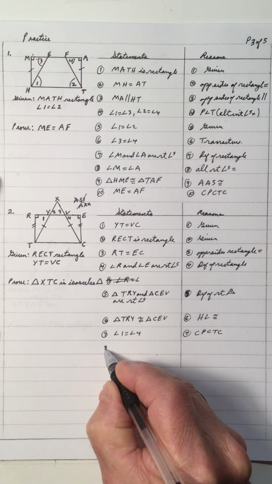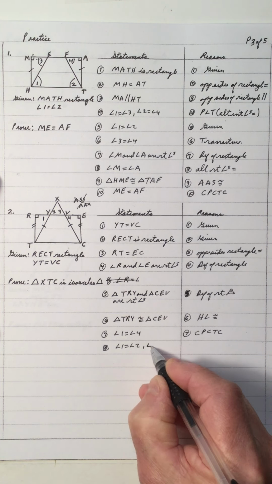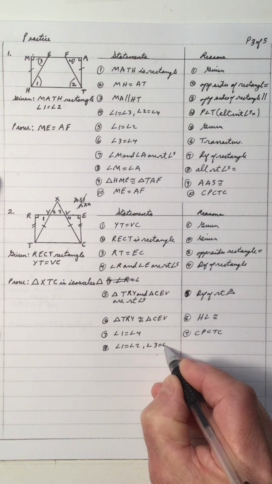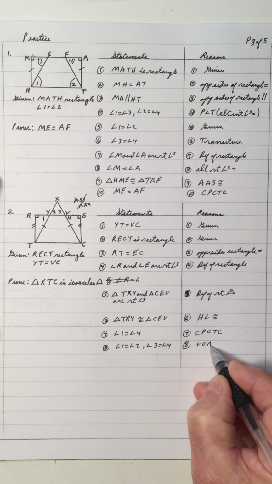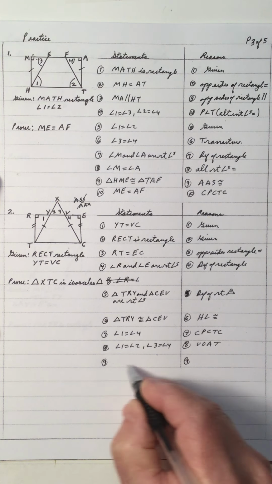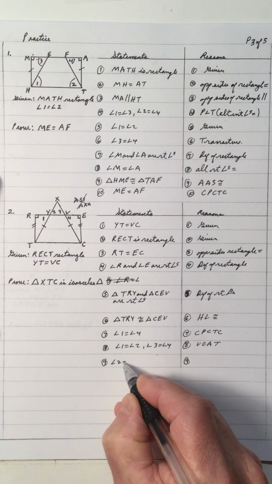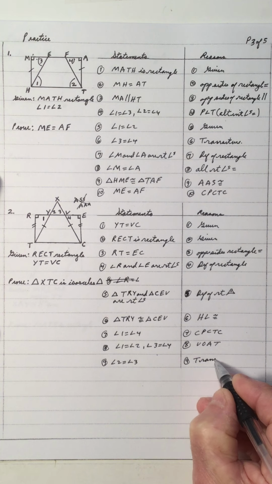CPCTC. And angle 1 equals angle 2. Angle 3 equals angle 4 because of VOAT. And hence, we have angle 2 equals angle 3 by transitive property a few times.